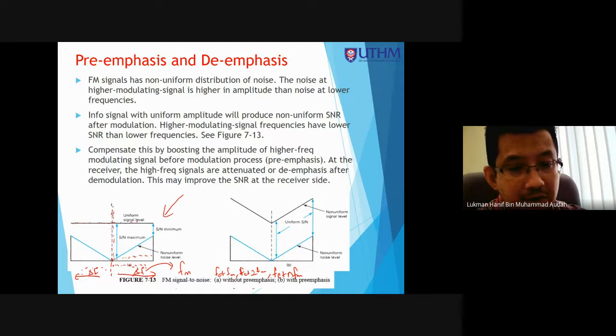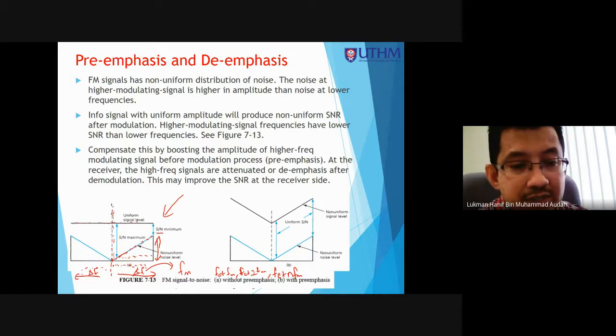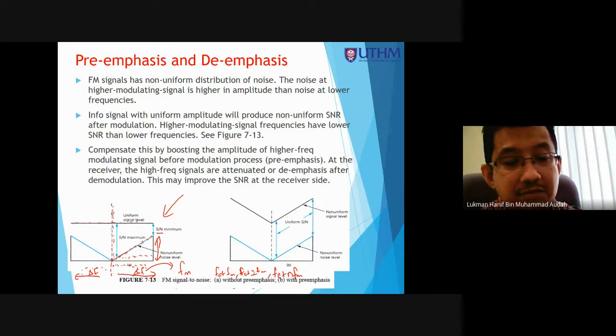Apa yang berlaku adalah amplitude noise adalah berkadar terus dengan nilai frekuensi modulating signal. Lagi tinggi nilai Fm, lagi tinggi nilai noise level. So SNR pada nilai modulating signal yang rendah adalah lebih besar berbanding dengan SNR pada modulating signal yang lebih besar. So maknanya SNR menjadi berkurang kalau kita gunakan nilai Fm yang besar.